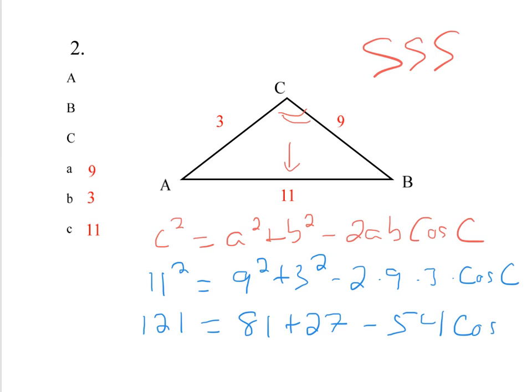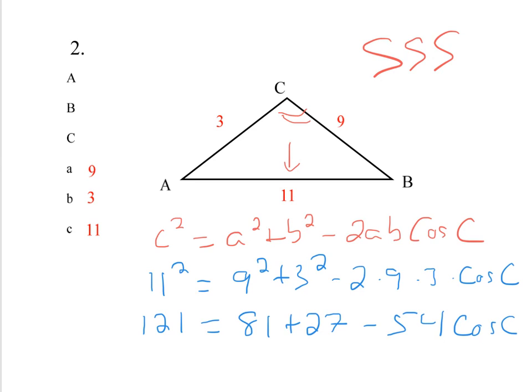cosine C. We're going to solve for the term with the cosine C in it, so we're going to add the 81 and 27 and subtract that from 121. 81 plus 27 is 108.